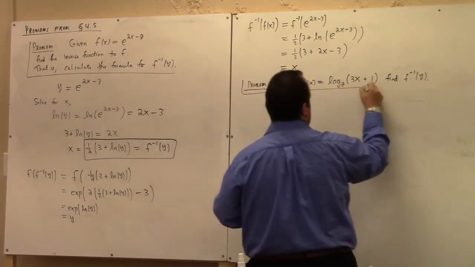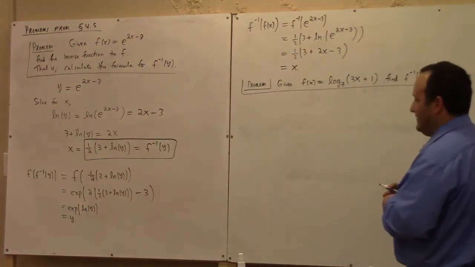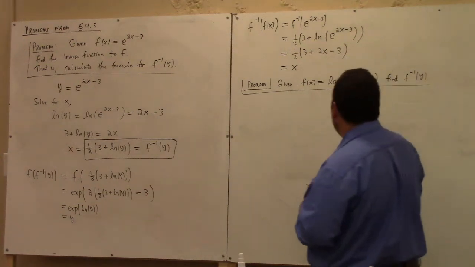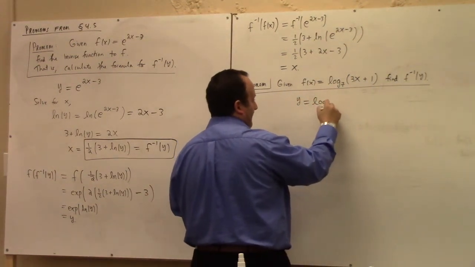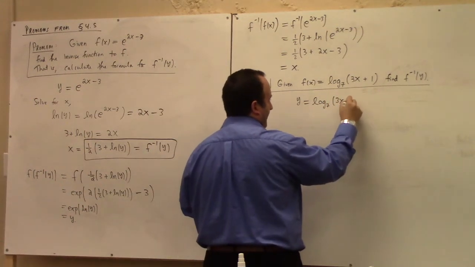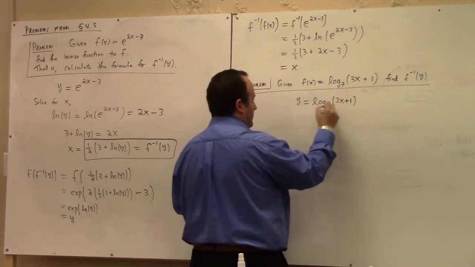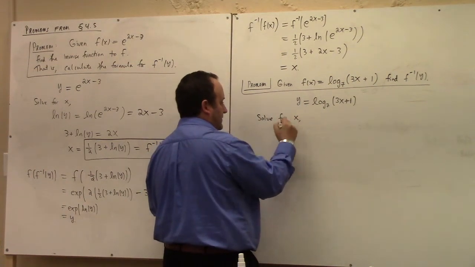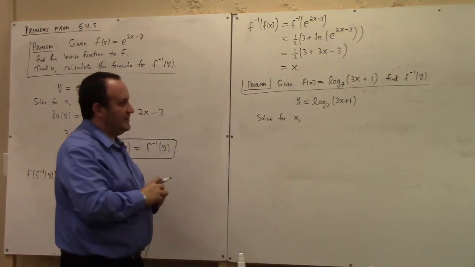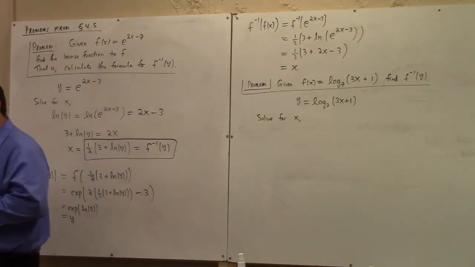So can we do it? Well, step number 1, we write y equal to the formula. Now what do we do? Solve for x. How are you going to solve that equation for x?